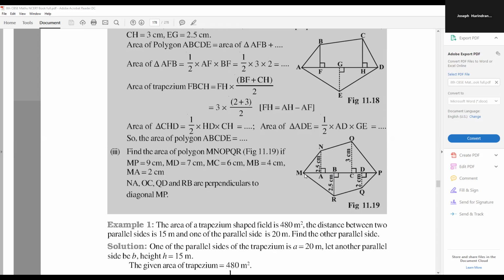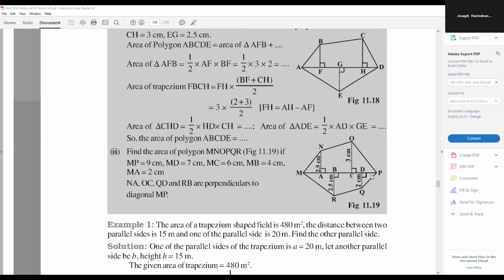So if we subtract MB from MP, we will get BP. But we have to subtract DP. How to find DP is the problem. DP is actually the whole MP minus MD. Very simple. MP minus MD. MD is given 7 centimeter. 9 minus 7, the DP is 2 centimeter. You got it? 2 centimeter. DP is 2.